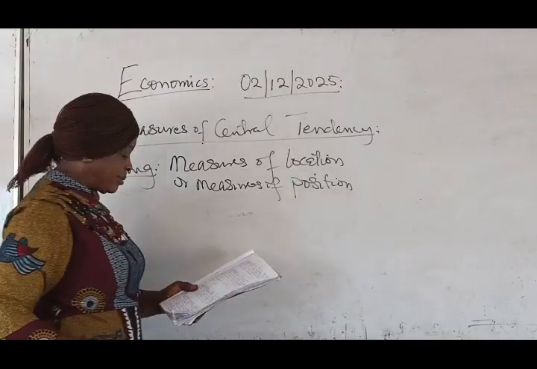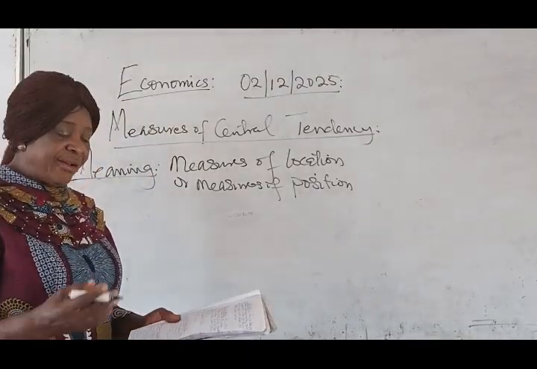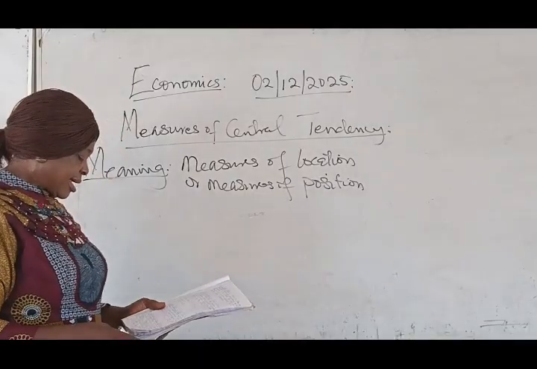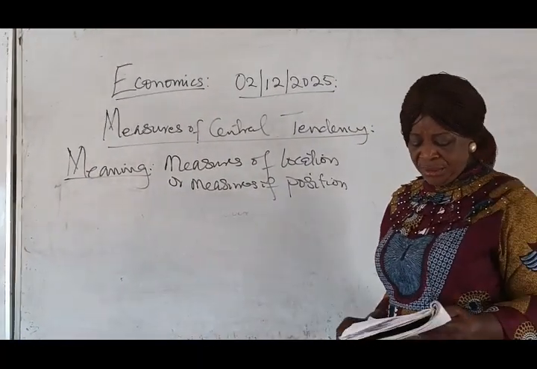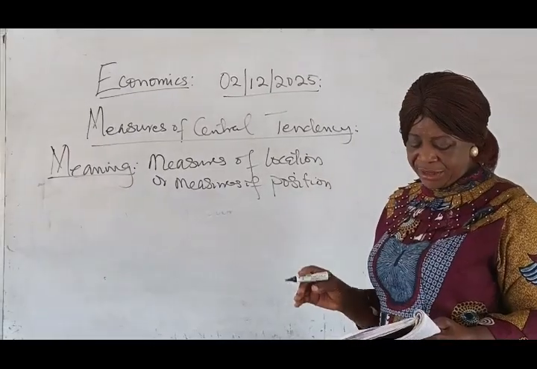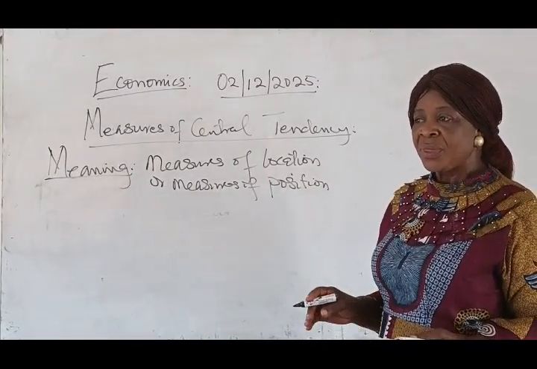They are just the same thing. We can call them averages. They are averages in the form of what? Single figures that give the central or middle value of a set of observations.